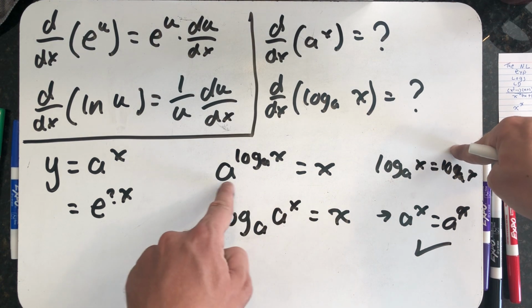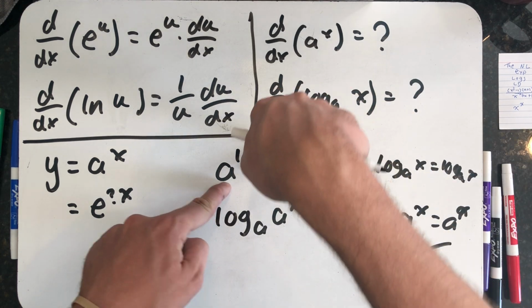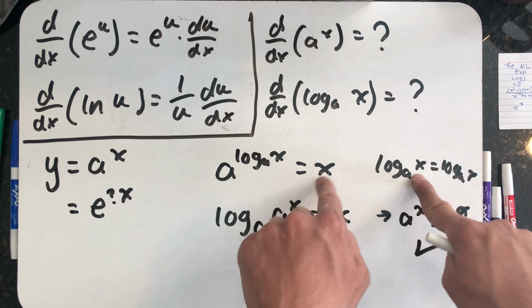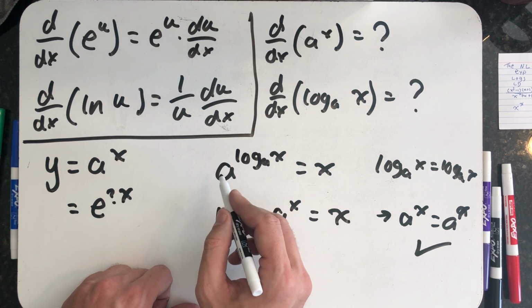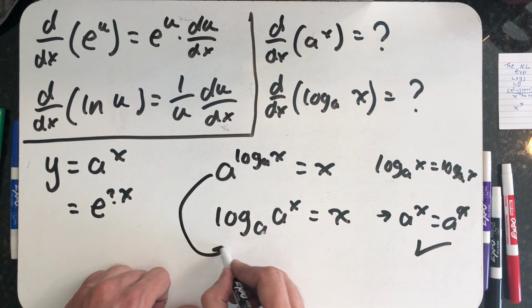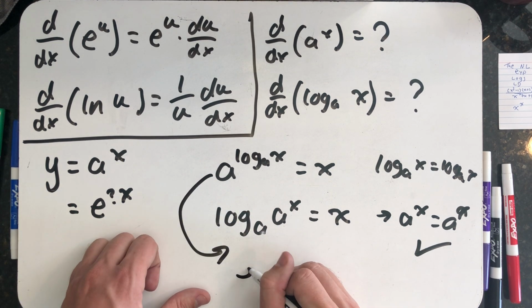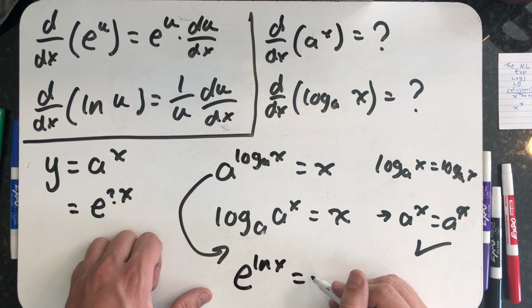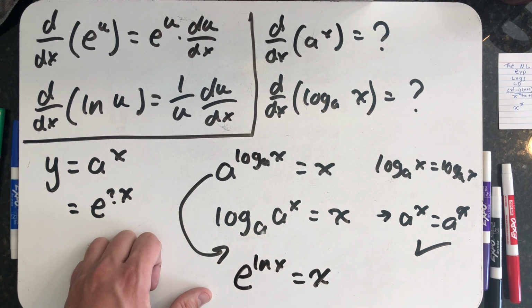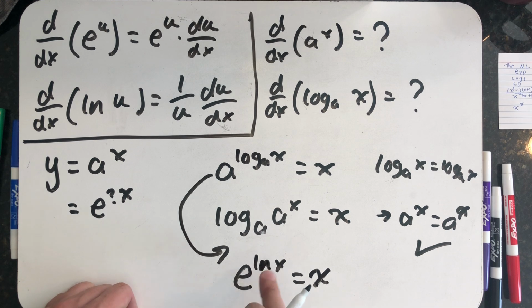So a raised to the log base a of x has to be x. All right, so what does that mean in terms of my natural log? Well, if I let a be e, then I have e to the log base e, which is the natural log, and that would have to be equal to x. All right, e to the natural log of x is x.